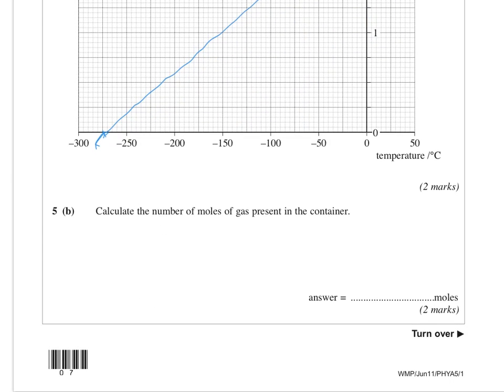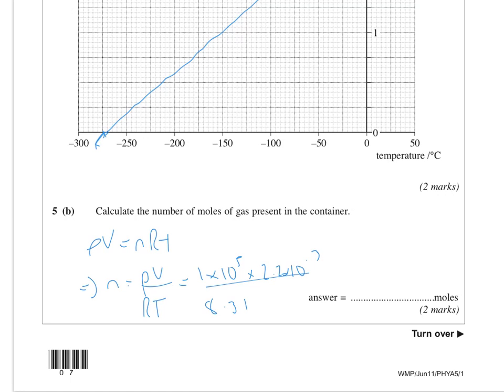Okay, calculate the number of moles of gas present in the container. If we want the number of moles of gas, we can use PV equals nRT, because then n is PV over RT, and our pressure was 1 times 10 to the 5. Our volume was 2.2 times 10 to the minus 3, divided by the gas constant, which is 8.31, and that's at 0 degrees, so 273 Kelvin.